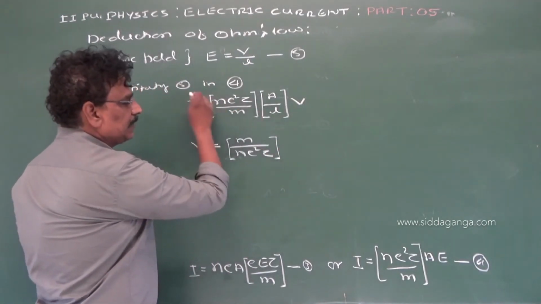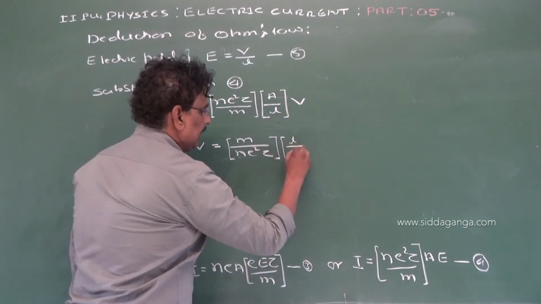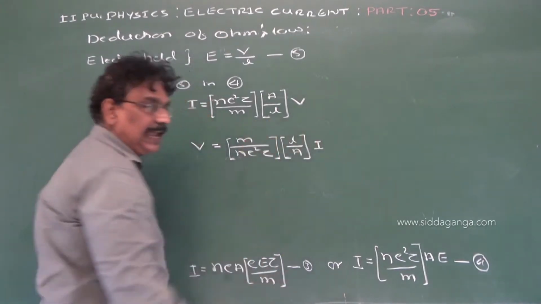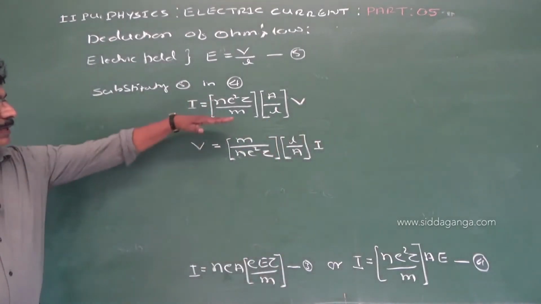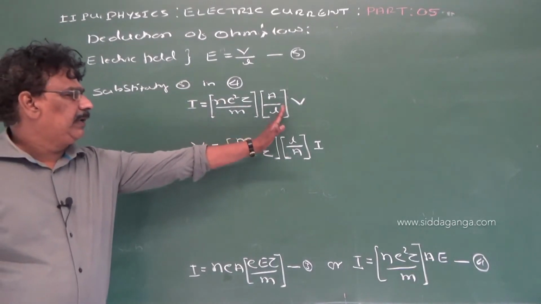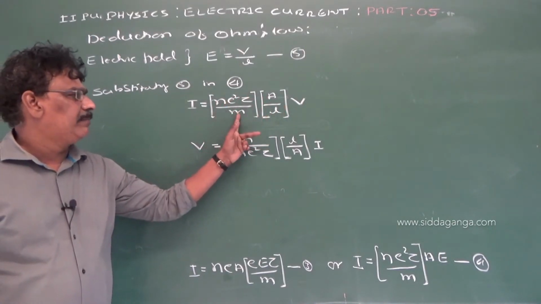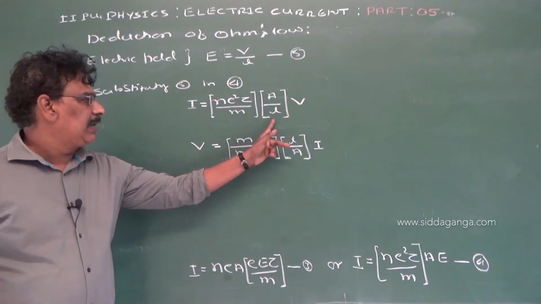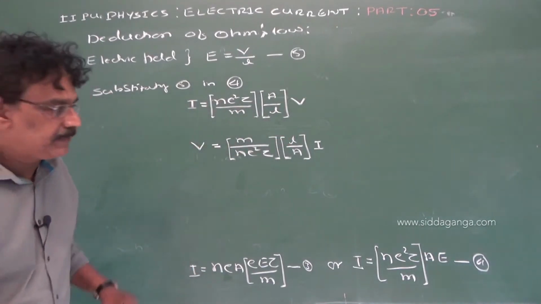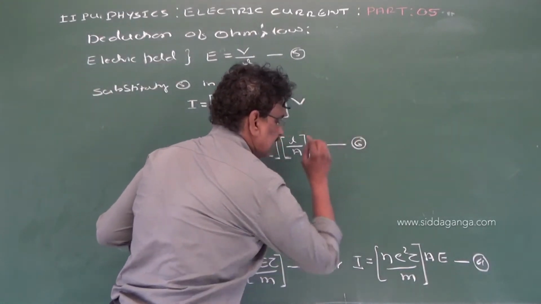Cross multiplying, we have L by A into I. So taking the entire term n e square tau by m into A by L towards the left side, we got this equation. Now let us take it as equation number 6.